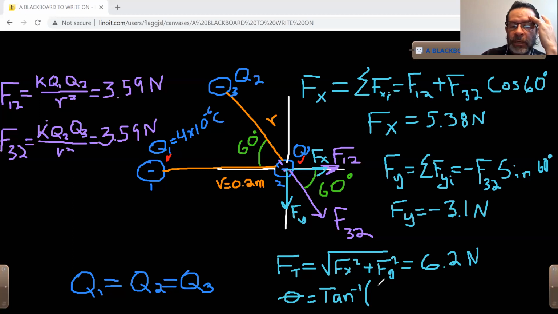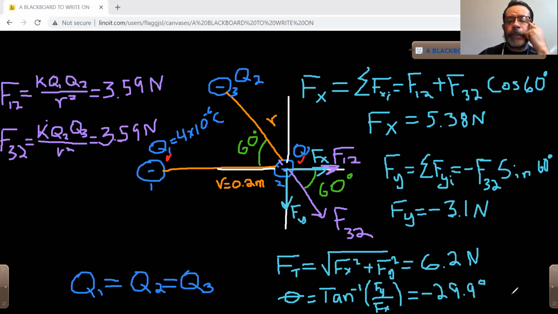Tangent is going to be of Fy divided by Fx. And this is going to be, I think, roughly minus 29.9 degrees.